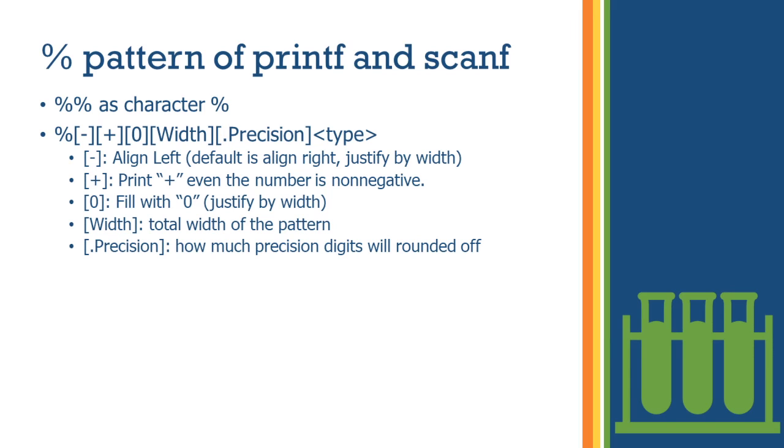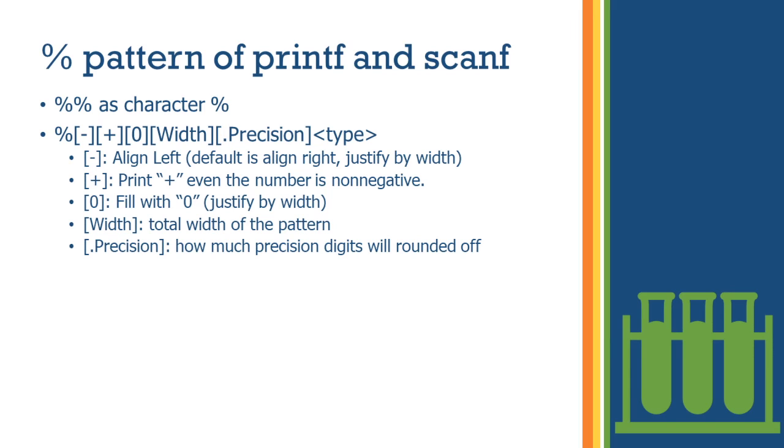And plus, if we add plus to the pattern, we will show plus when our value is positive. And if we add 0 before width, our content is filled with 0.